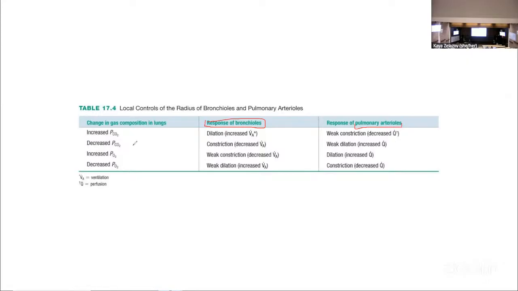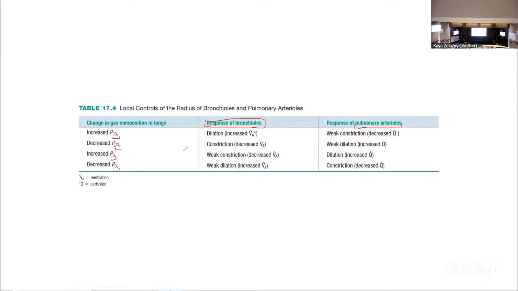Okay. So finally here, we've got a table just showing what the overall effect is in our bronchioles. Okay, so the airways versus our arterioles, so that blood flow, to our different levels of carbon dioxide and oxygen. Okay, so you can study it this way instead of through that flow chart if you prefer a table form.